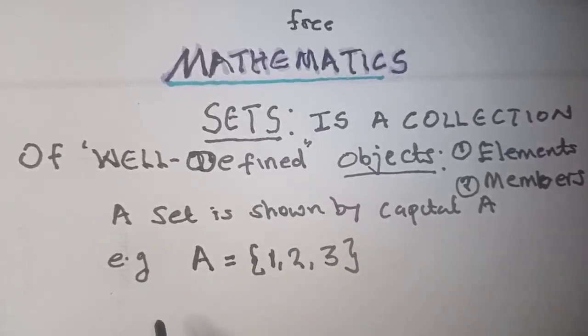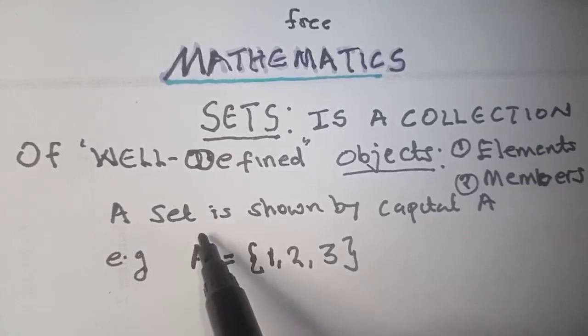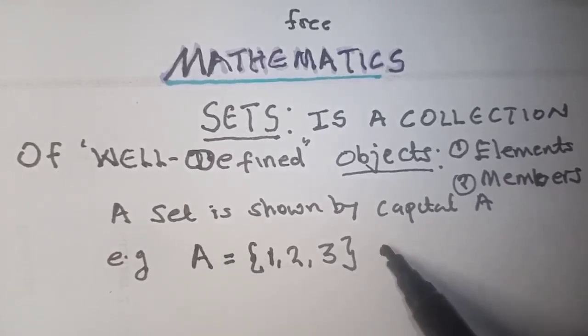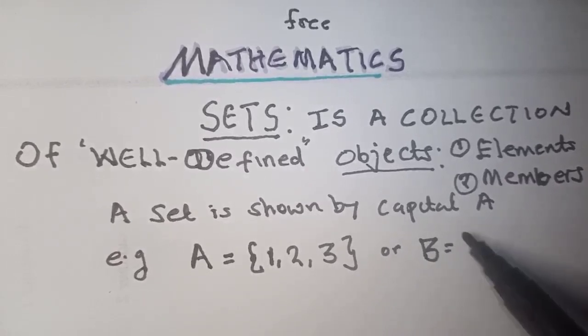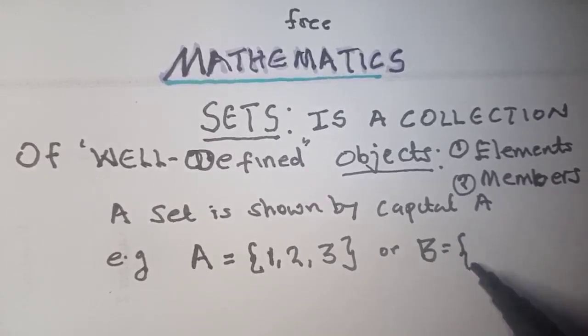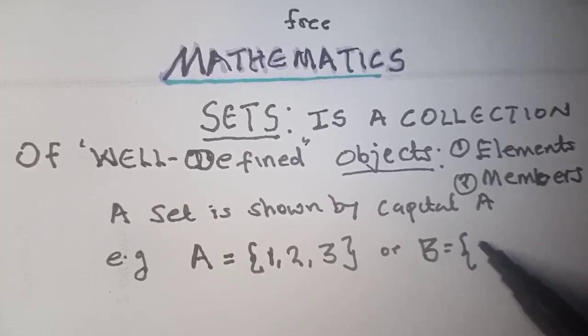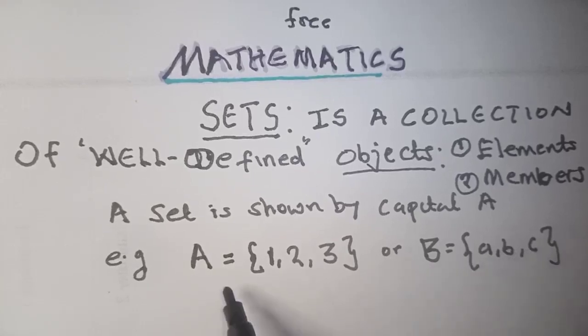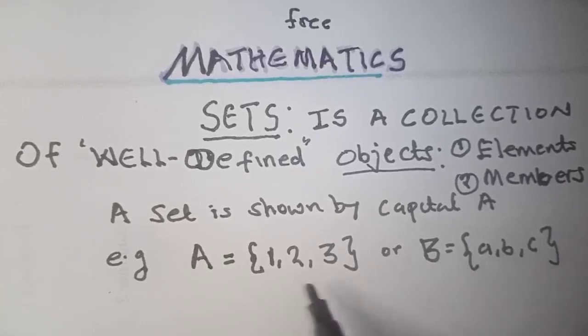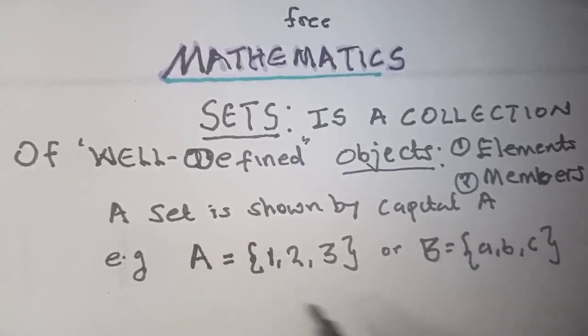Or you can have a set B, and we use curly brackets, with elements like a, b, c. Inside the set we don't put capital letters, because capital letters denote the set.